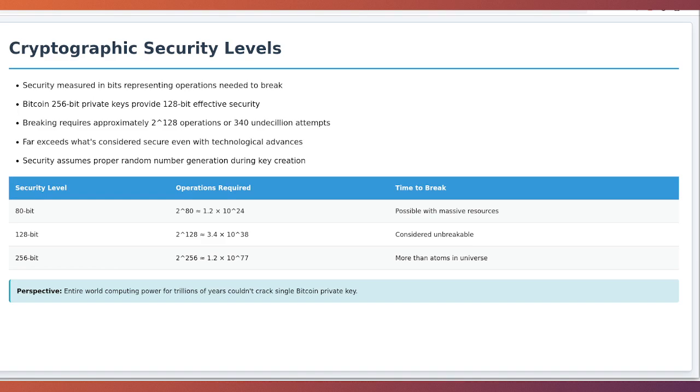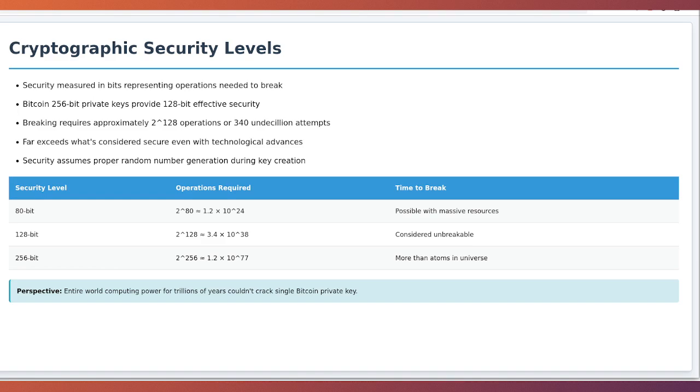Bitcoin uses 256-bit private keys, but due to the birthday paradox and specific properties of elliptic curves, the effective security is about 128 bits. This means an attacker would need to perform 2 to the power of 128 operations to crack a Bitcoin private key. How big is that number?